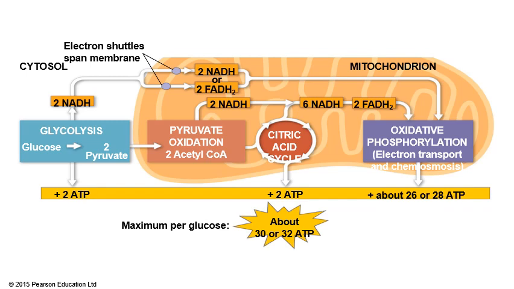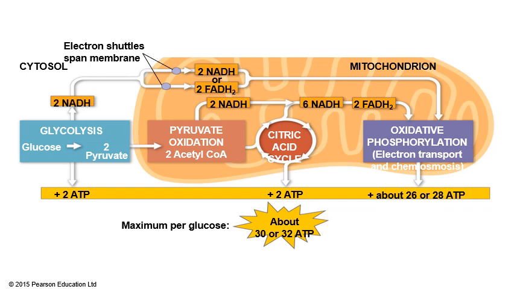Just before the citric acid cycle, they reduce 2 molecules of NADH, and through the citric acid cycle, they produce 2 molecules of ATP by substrate level phosphorylation, and reduce 6 molecules of NADH and 2 molecules of FADH2.